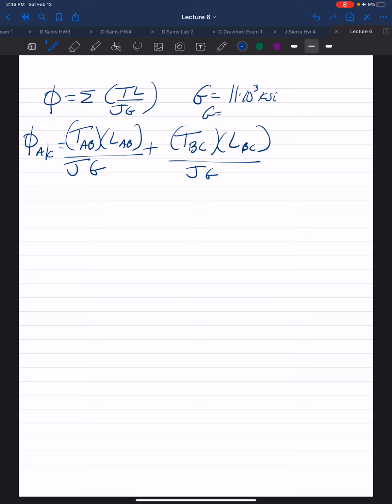So this is 11 times 10 to the 3 times 10 to the 3 pound force per inch squared. Always convert your units so that your math works out.